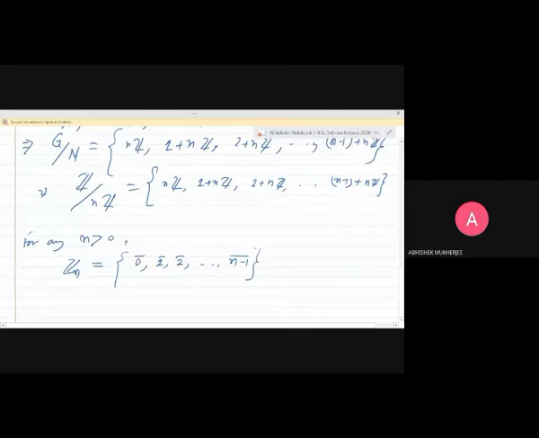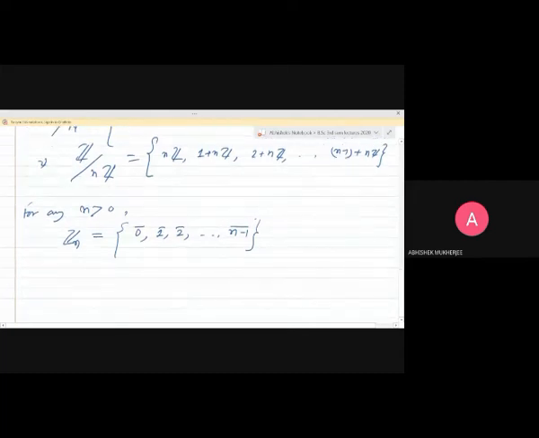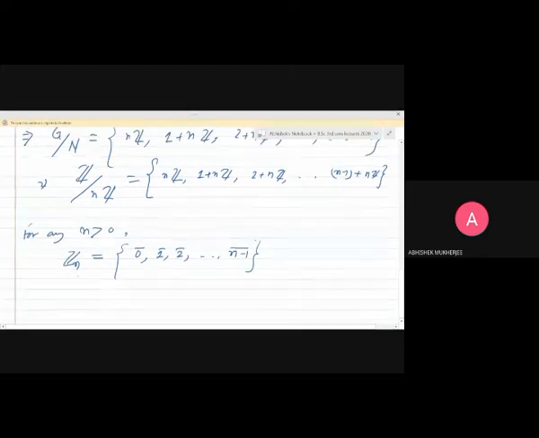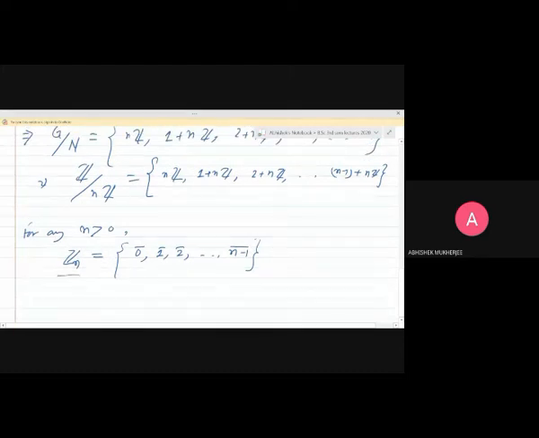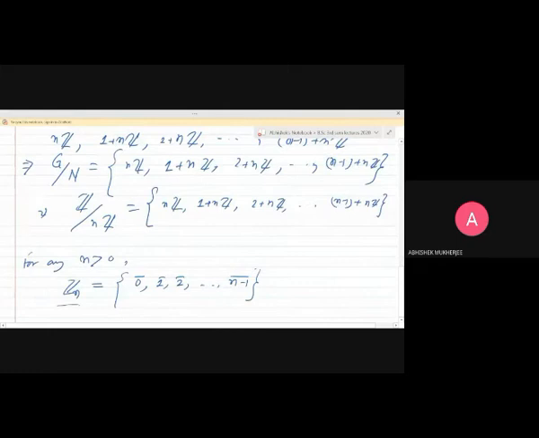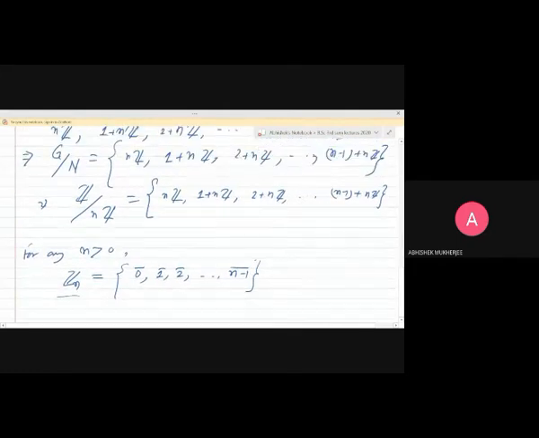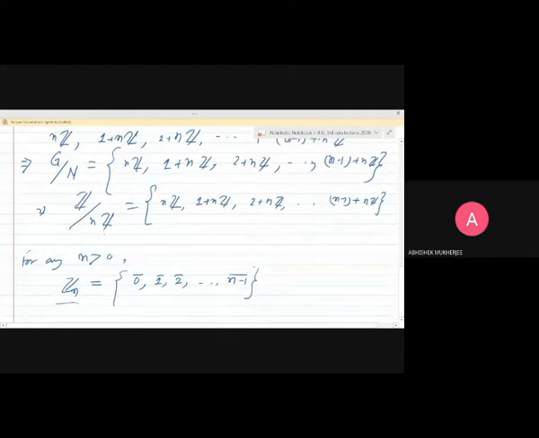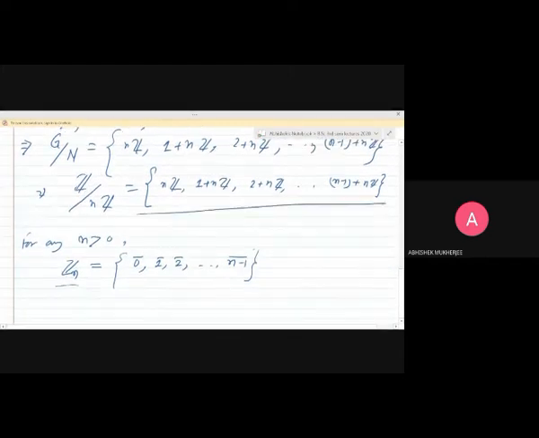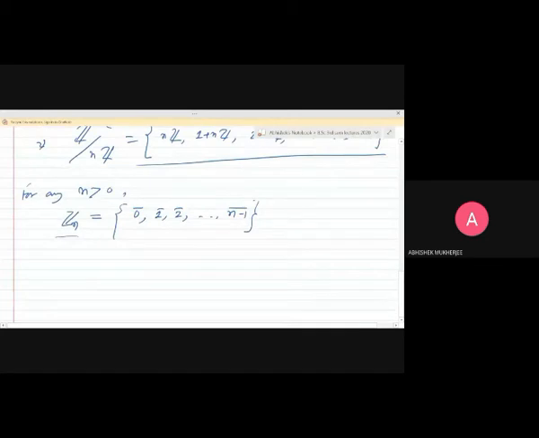So you have two groups of order n. One is Zn that you constructed earlier, and the other is the quotient group Z by nZ. This is again a group of n elements. So you have two groups having the same number of elements.